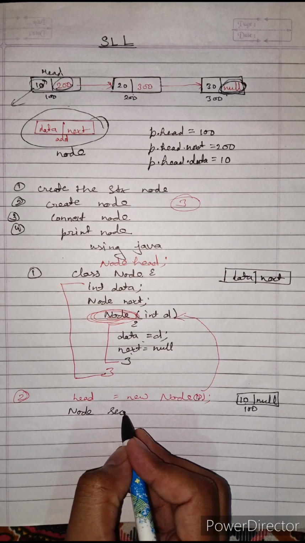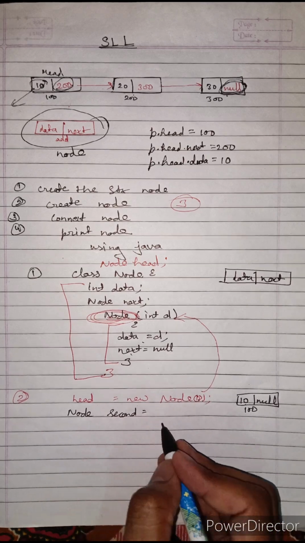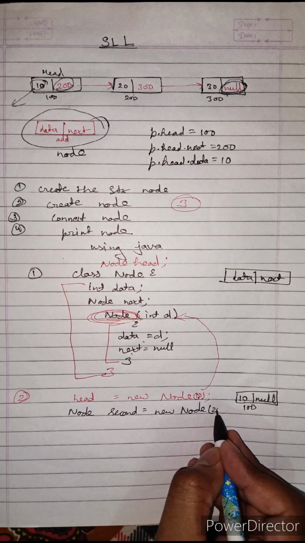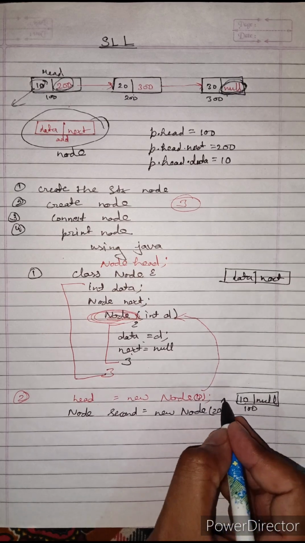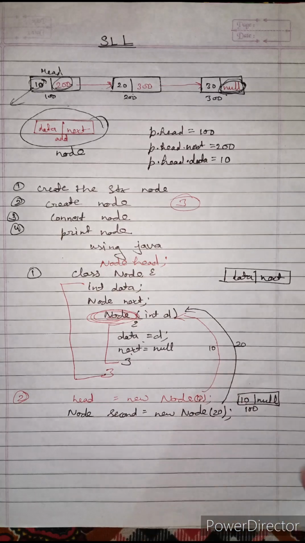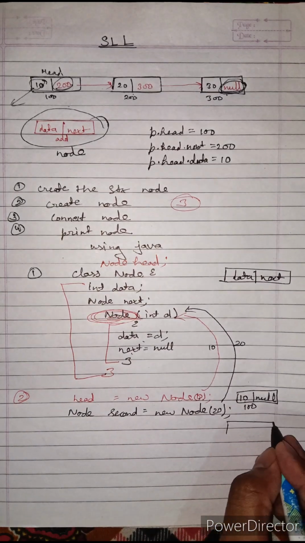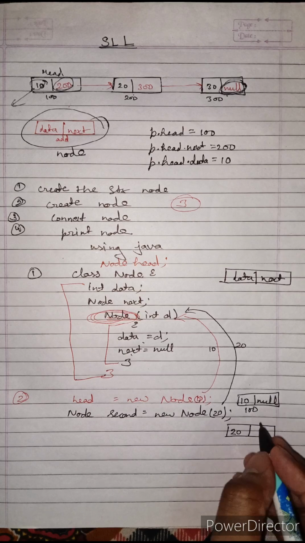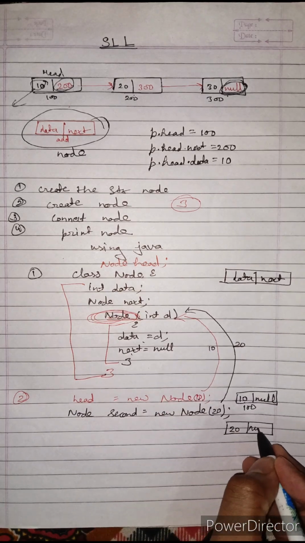The second node: new Node, and I am passing 20. First time I passed 10, second time I pass 20. So it will create another node, store data as 20, and next is equal to null.